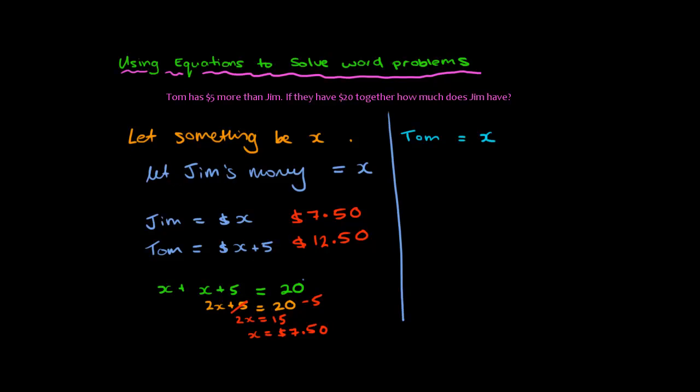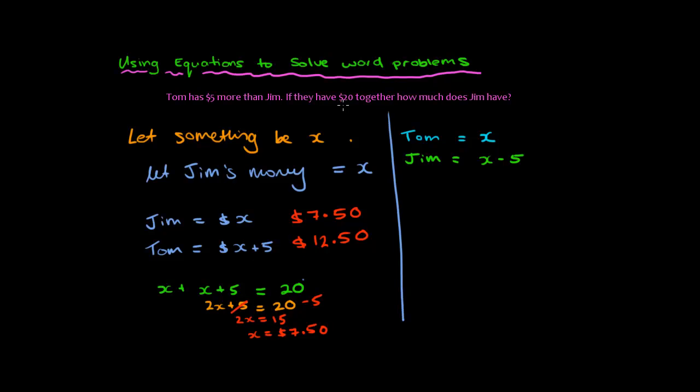Well, that's not a mistake, because that can actually work out as well. If Tom equals x, we know that Tom had $5 more than Jim. So if Tom's got $5 more, it means that Jim has $5 less.